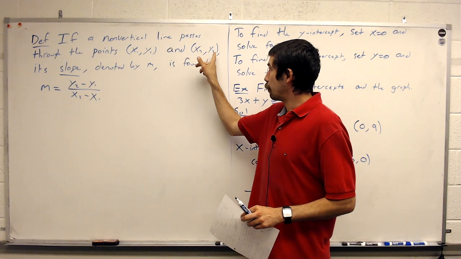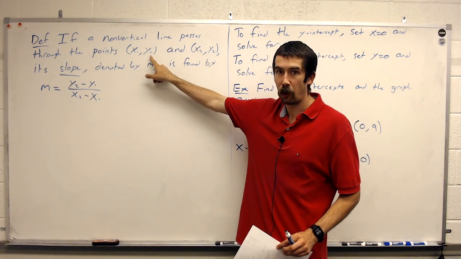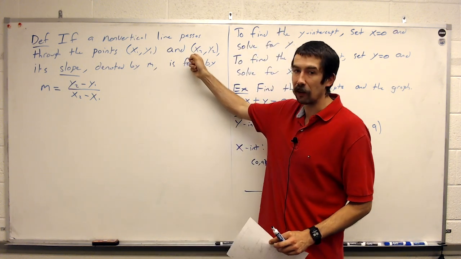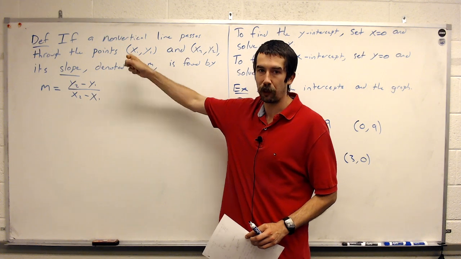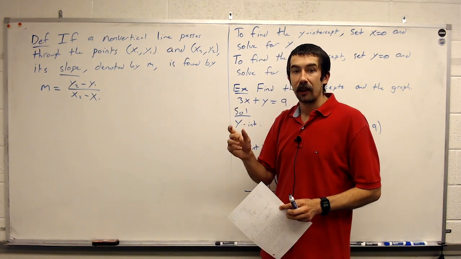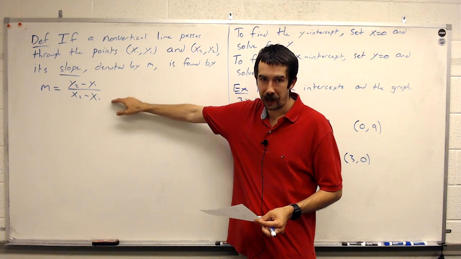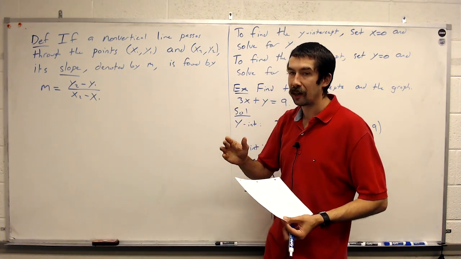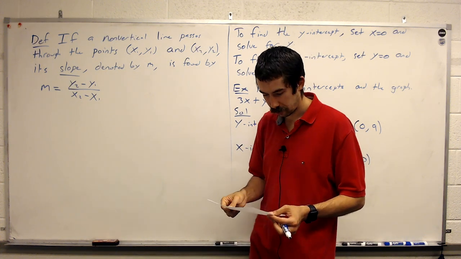It's the y component of the second point minus the y component of the first point over the x component of the second point minus the x component of the first point. This is also the change in y over the change in x, or rise over run. It tells us how much y increases if x increases by 1.